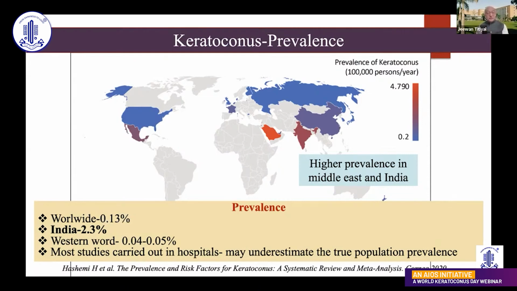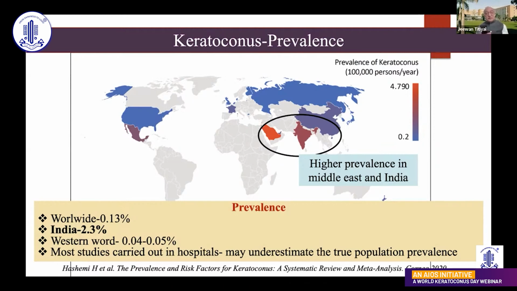In the map, the red indicates more prevalence and the lighter color indicates less prevalence. India and Middle East countries have the highest prevalence of this disease, more than 2.3%. The Western world is very low, 0.04 to 0.05%.